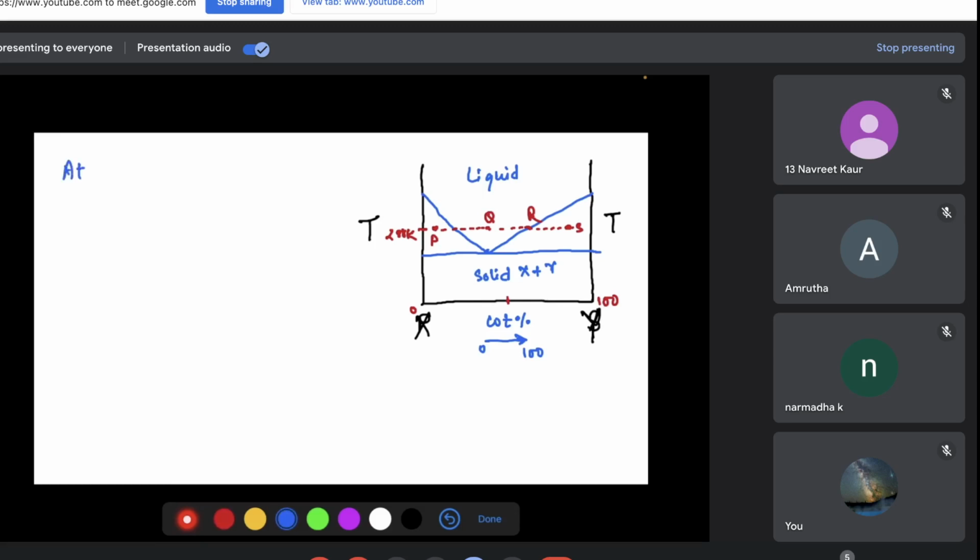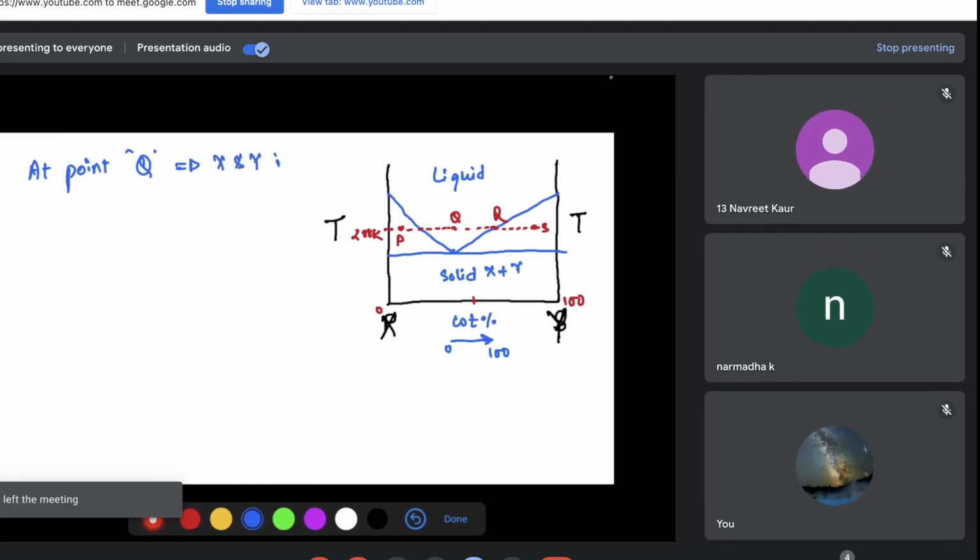At point Q, if you look at point Q, what you will find is that it has a composition of liquid of X and Y both. So it is the system where my system is entirely in the liquid phase. I will just write X and Y in liquid phase.